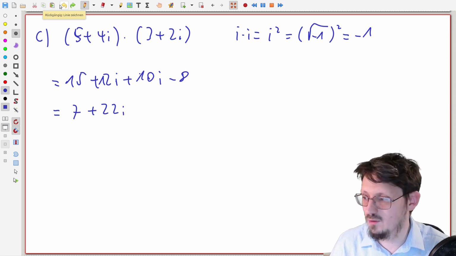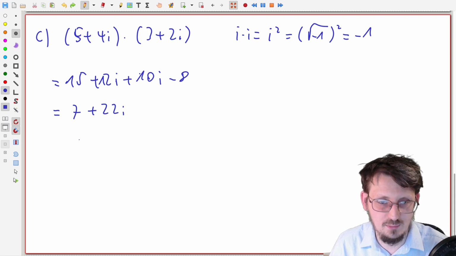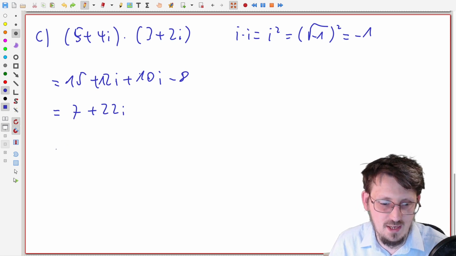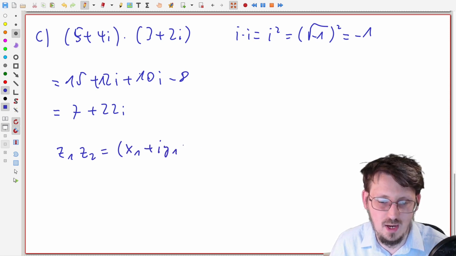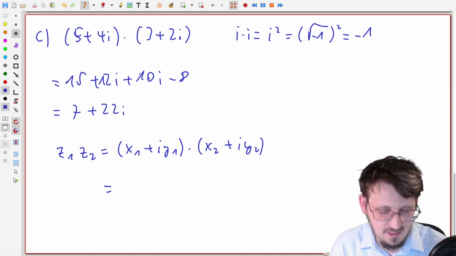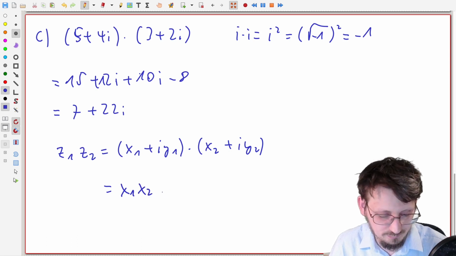Before we come to the fraction, I would also like, similar to what we have done before, to write it down in a more general way. So if we have the product of two complex numbers, z1 and z2, which can be again written as x1 plus i y1 times x2 plus i y2, then we have to multiply again x1 with x2, which is an x1 x2.